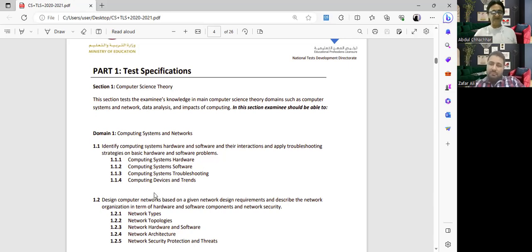Let me read first: identifying computing systems, hardware and software and their interaction, and applying troubleshooting strategies on basic hardware and software. So today's lesson is about 1.1 computing systems and hardware. Let's discuss these things.